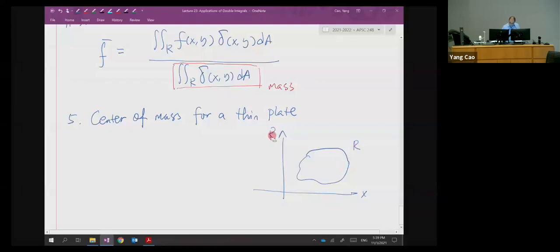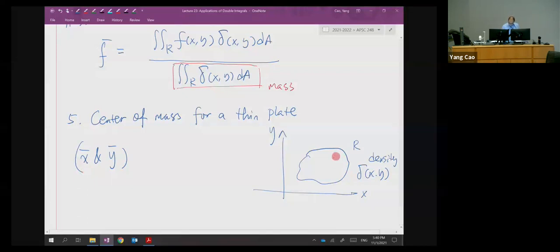So let's suppose this is a region R representing a thin plate, and it has a given density. Center of mass basically means you're looking for an average value for X and an average value for Y. So what does the average value of X or of Y mean?